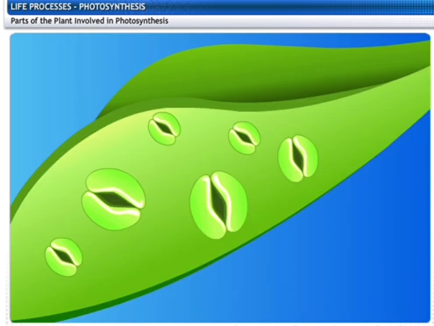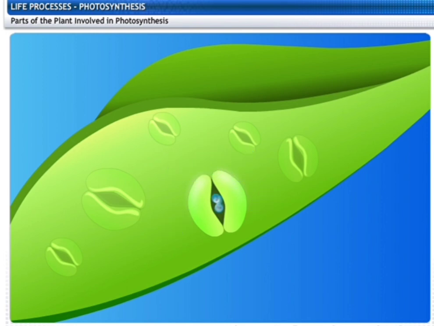Let's take a closer look at these stomata. If the stomata are open all the time, the plant may lose large amounts of water through them. To prevent this, the stomata are opened only when the plant needs carbon dioxide for photosynthesis.